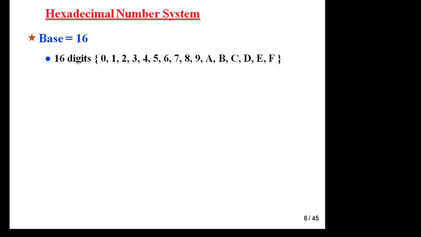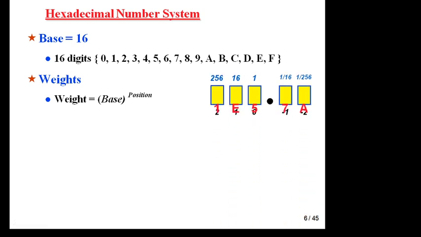In hexadecimal number system there are total 16 digits, 0 to 9, and A, capital A, it is 10, capital B 11, and capital F it is 15. In the same way you can determine value into decimal number system just by applying this formula.